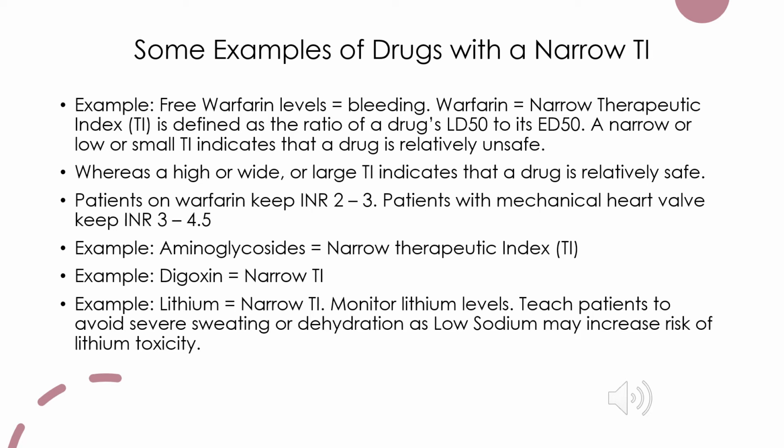The lowest blood level determines whether the dose needs to be adjusted to stay within the therapeutic range and not reach the toxic level or go below the effective dose. So you don't want the aminoglycoside level to be lower than the effective level. So you want to keep it in the target range.